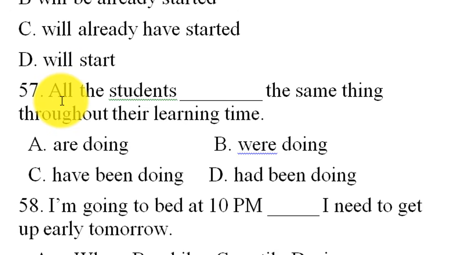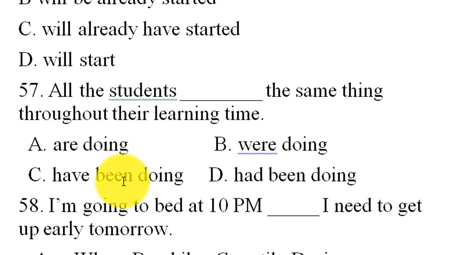Learn. All the students blank the same things throughout their learning time. Yeah: are doing, have been doing, were doing, had been doing, which are present continuous, present perfect continuous, past continuous and past perfect continuous. An action is happening during the time we're speaking, but the question doesn't need that here. Present perfect continuous: the action began from the past and continues until the time being. It shows sometimes a repeated action, and sometimes a written complete action should be emphasized with the present perfect continuous. Past continuous: an action was taking place. Past perfect continuous: an action had been taking place in the past progressive.